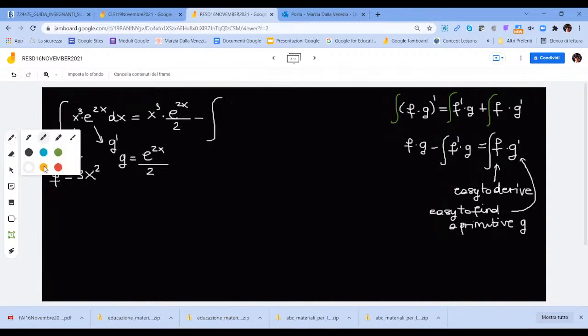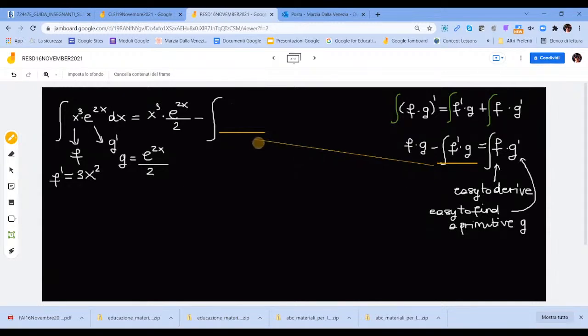I will highlight this one because we should use the right one. So we will have f prime, that is 3x squared, times e to the 2x divided by 2, dx.